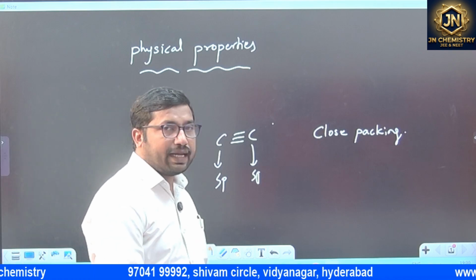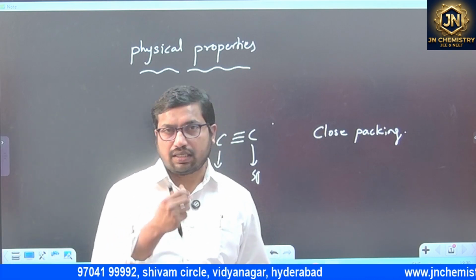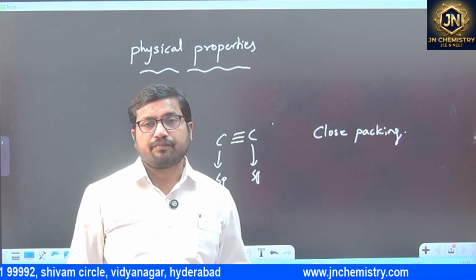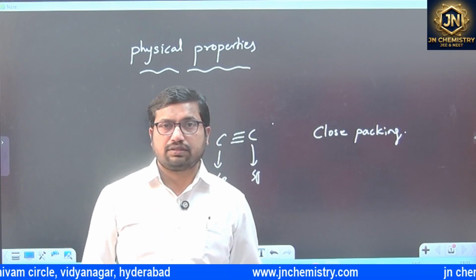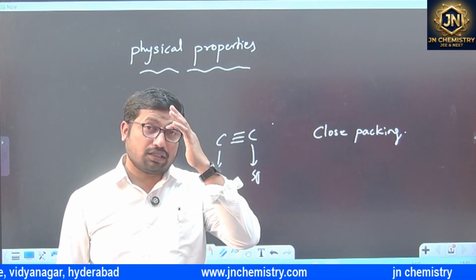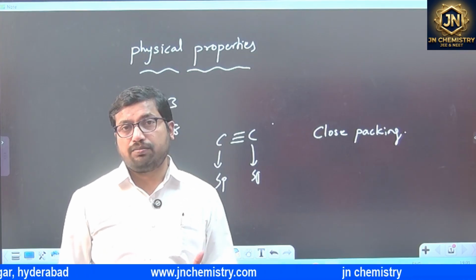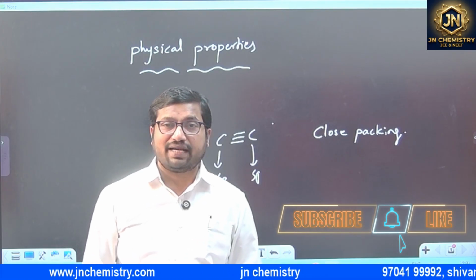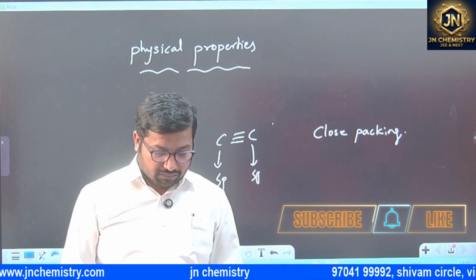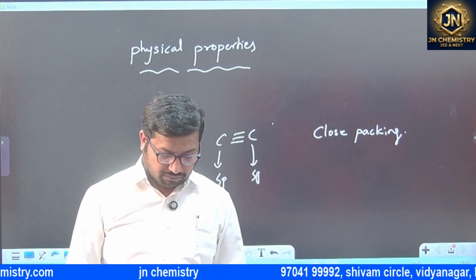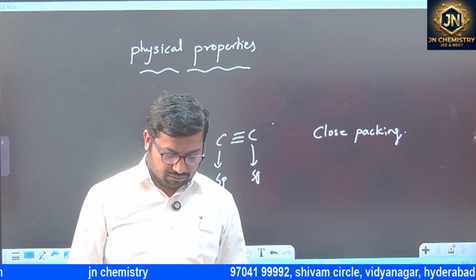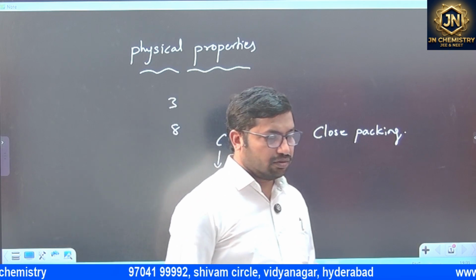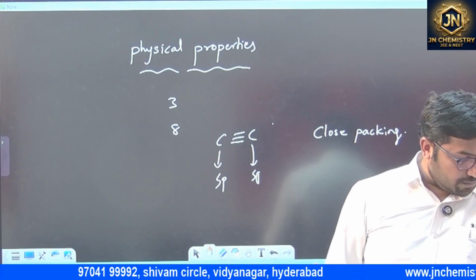So alkynes are non-polar, which is why they are not soluble in polar solvents like water, but they are soluble in organic solvents. These are the physical properties.